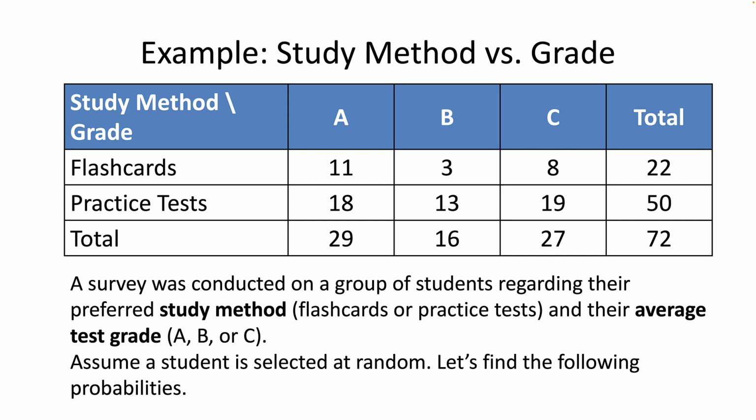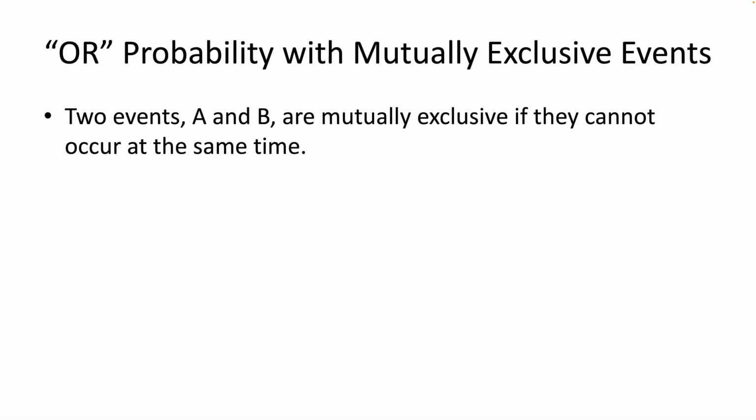Before we get to that, let's review what it means to be mutually exclusive and how to use the addition rule for probability. Two events, A and B, are said to be mutually exclusive if they cannot occur at the same time.